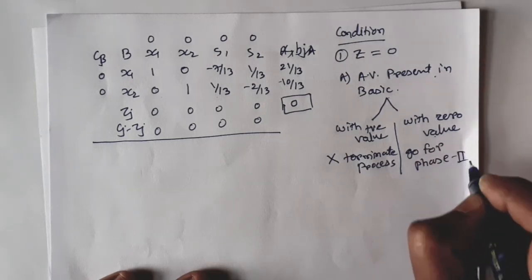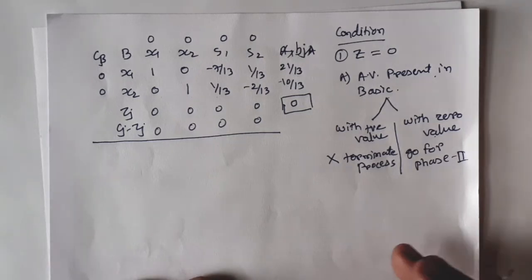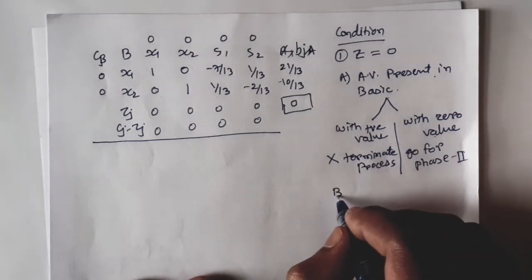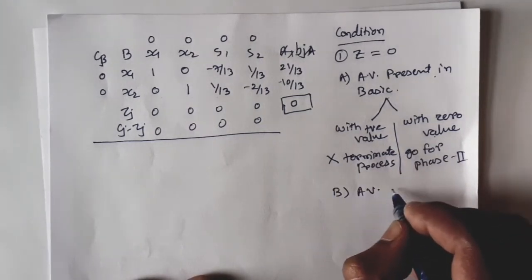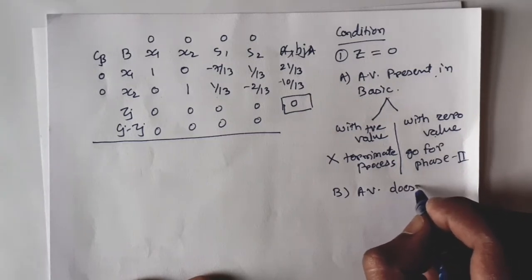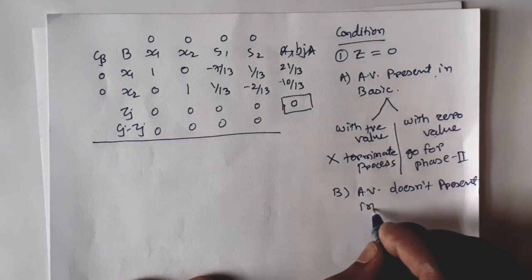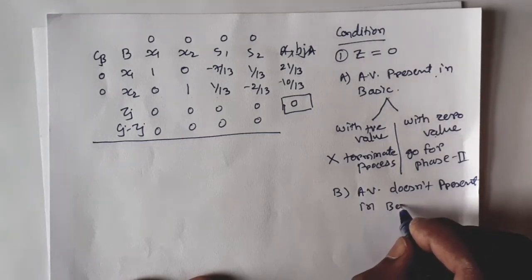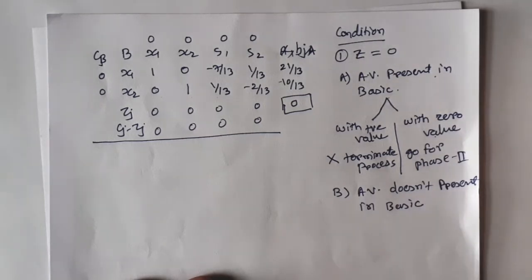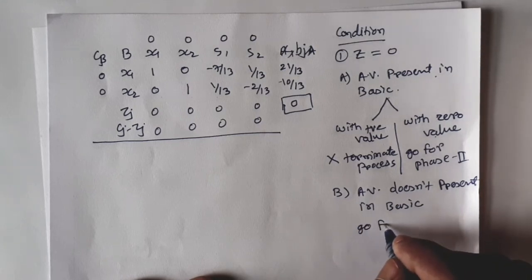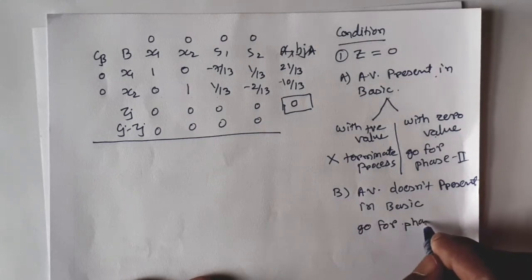So just start phase 2. And in the second case, if the artificial variable is not present in the basic variable column, or simply the basis, then go directly for phase 2.